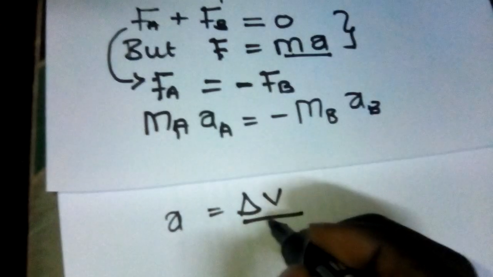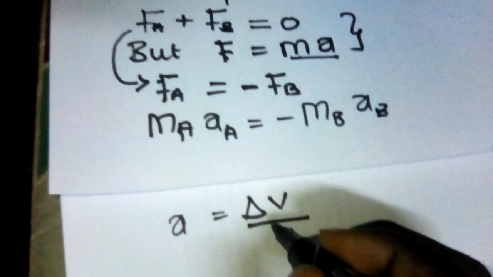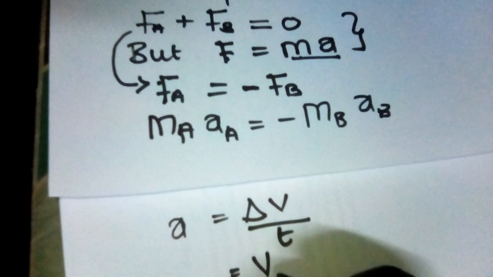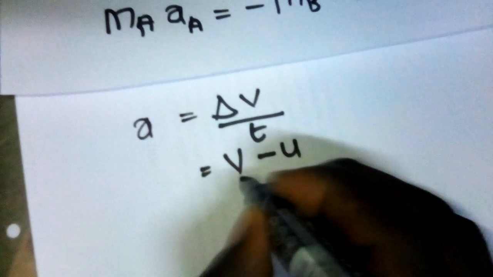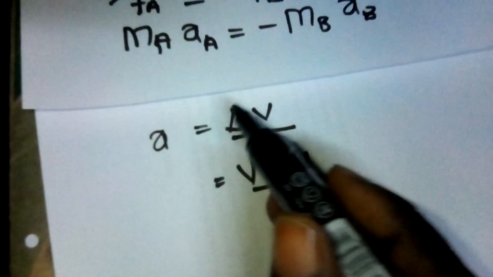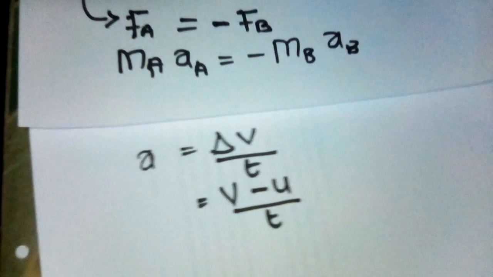Now, for a change in velocity, what does it imply? The change in velocity here implies the final velocity minus the initial velocity over time. Alright?